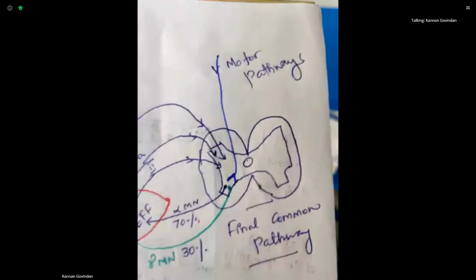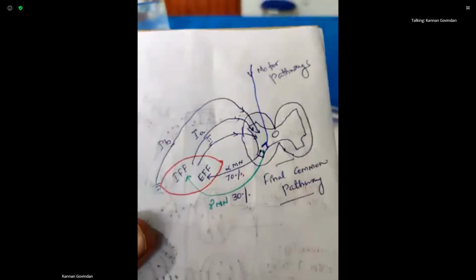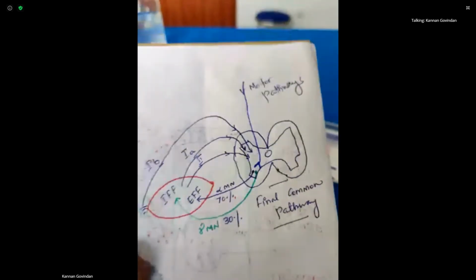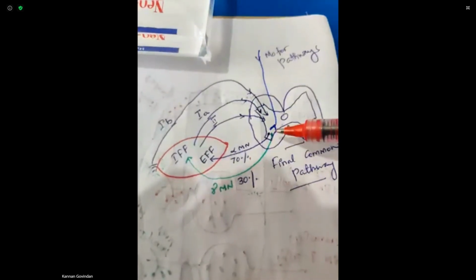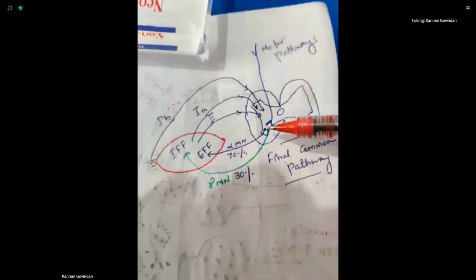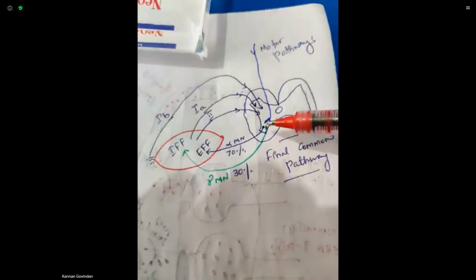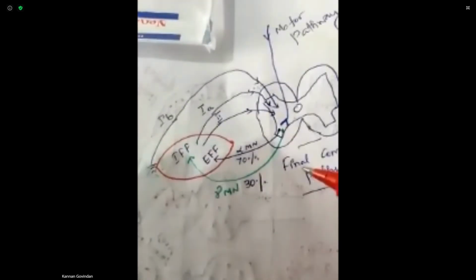Now this is the summary of muscle innervation. So this is the spinal cord. All the descending motor pathways will come and end in the anterior horn cells. From these anterior horn cells, the final common pathway begins.